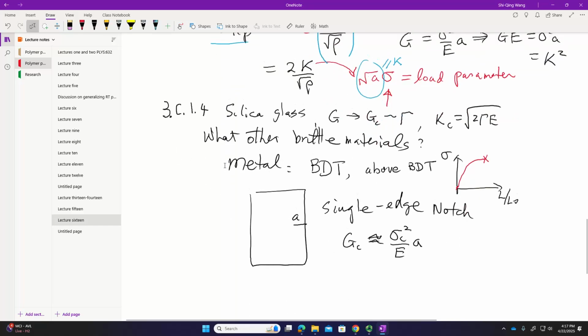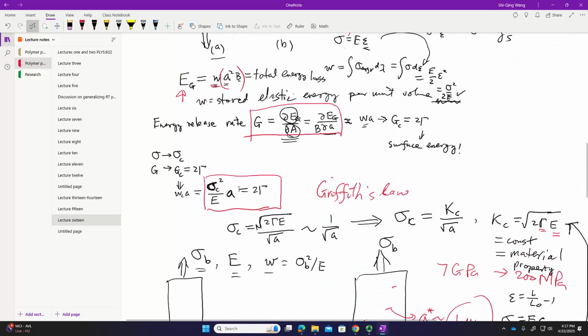I know I went through fast, but isn't that what we just said about Griffith identifying a point? I actually jumped quite a bit here. Your energy release rate is always just sigma, Young's modulus and cut size. It's a variable because it depends on how much I'm loading.